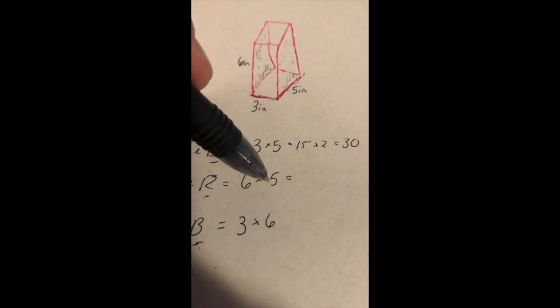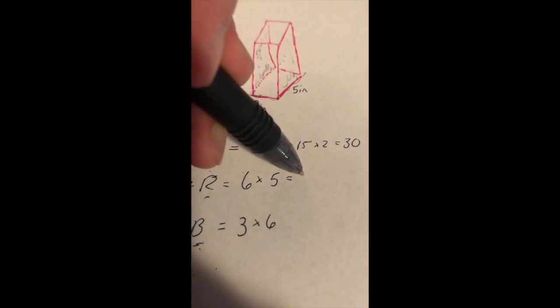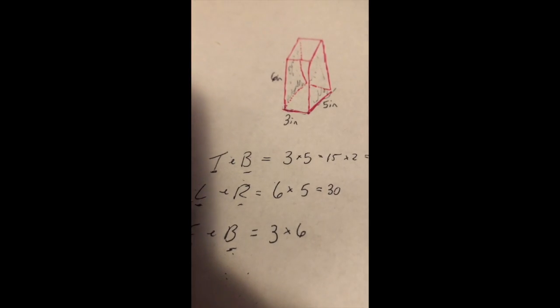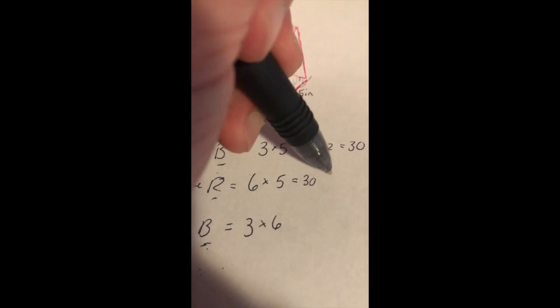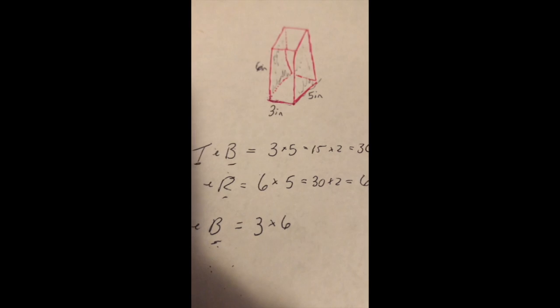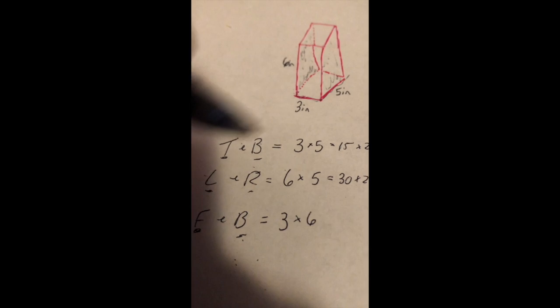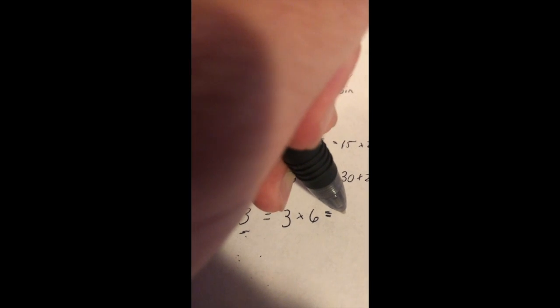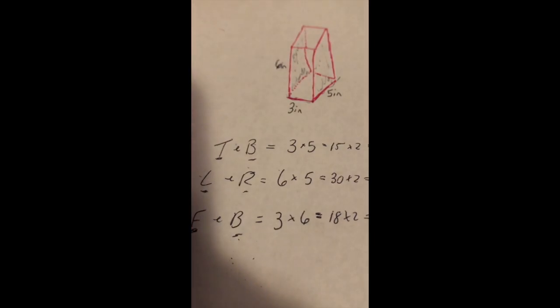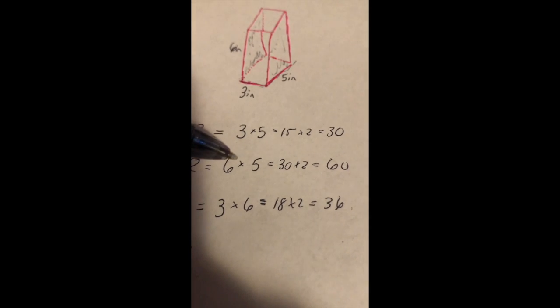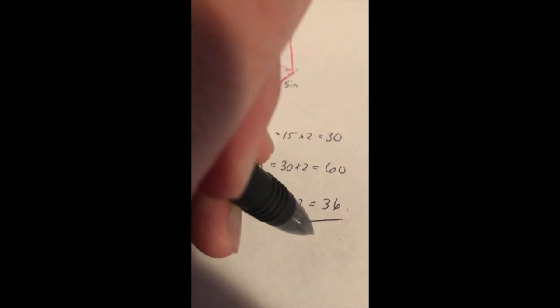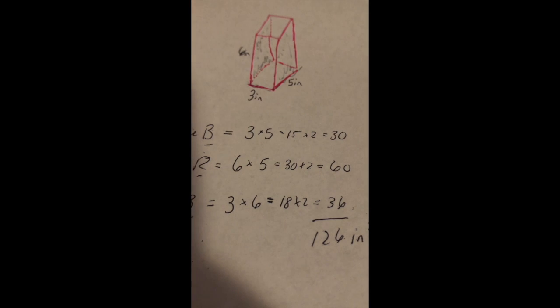And then 6 times 5 is 30, and because we have a left and a right, that 30 is multiplied by 2, and that's 60. And then here we have 18 for the fronts and the backs. So we have 18 times 2, which is 36, right? And so when we add all of that together, we end up getting 126 inches squared. Okay? So that's another way to do it.